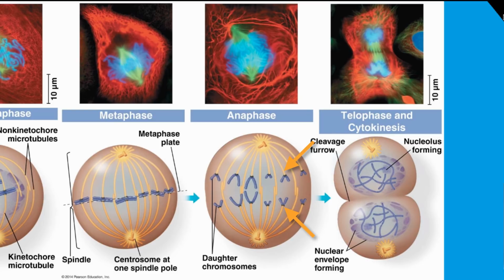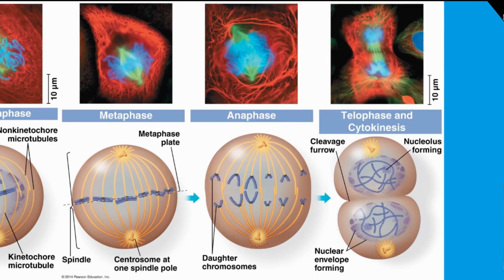So now we no longer have these duplicated chromosomes, and once these chromatids are separated, the cell will go back to its interphase state. So the DNA will begin to decondense, the nuclear envelope will reappear, the spindle fibers will break back down, and we'll be back into our G1 stage.